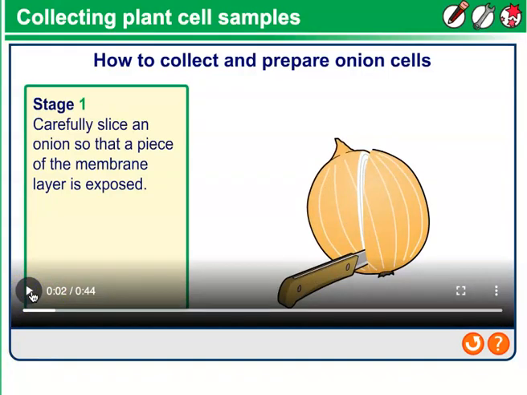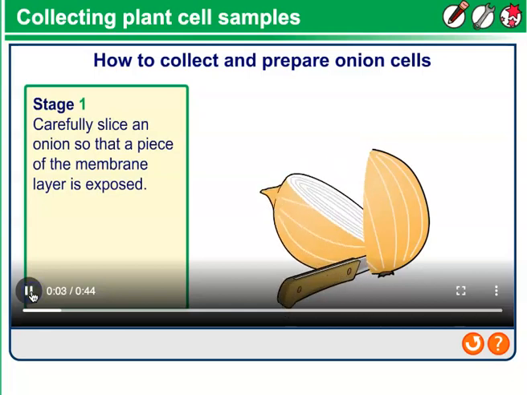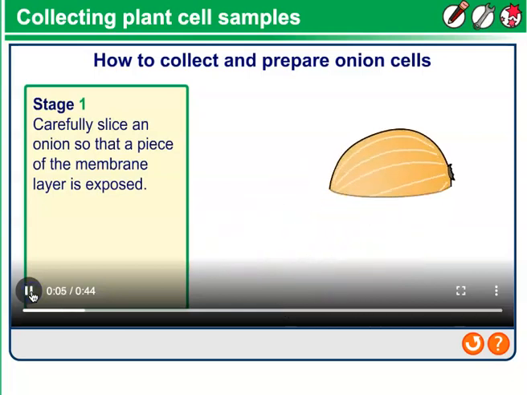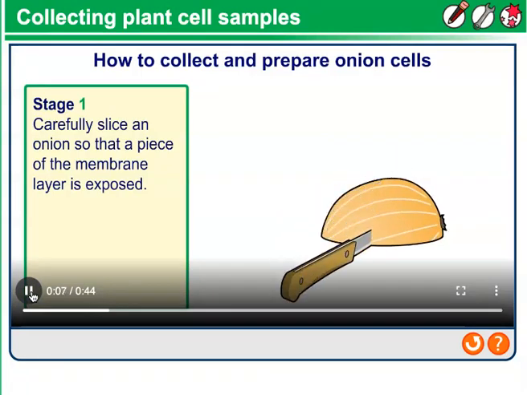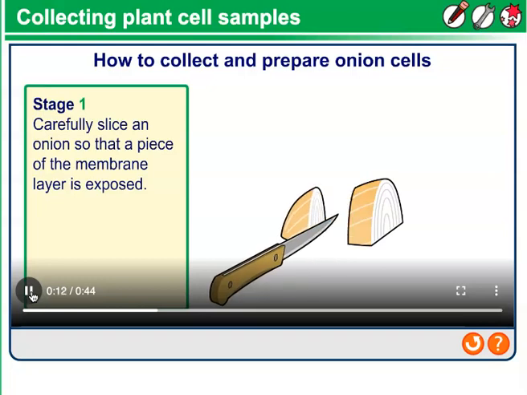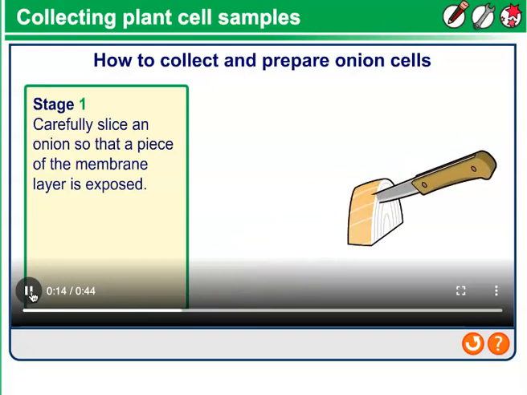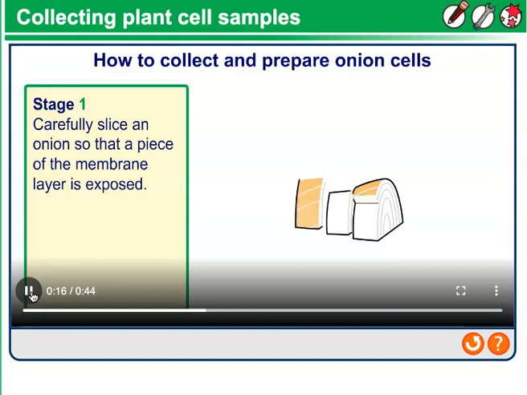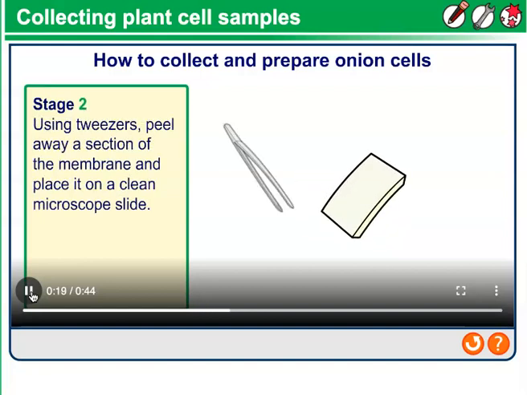Stage 1, we're going to carefully slice an onion so that a piece of the membrane layer is exposed. Stage 2, using tweezers, we're going to peel away a section of the membrane and place it on a clean microscope slide.